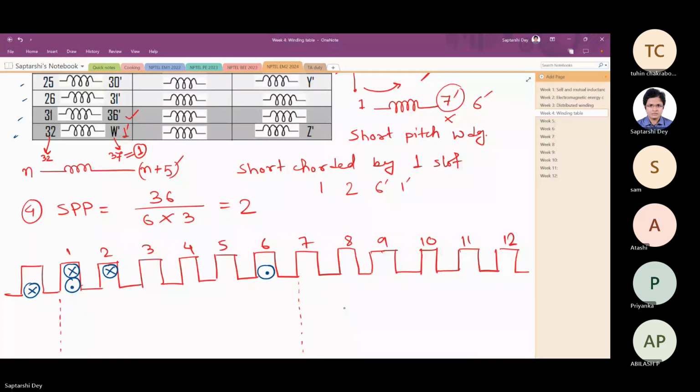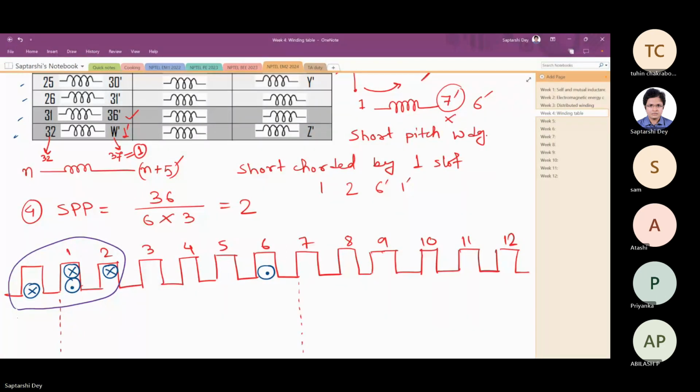Look nice? Yes. Now you do one thing. I would ask you to look here. You concentrate here. Let me change this pen. You concentrate here. See, the coils of one phase, they are at one place.